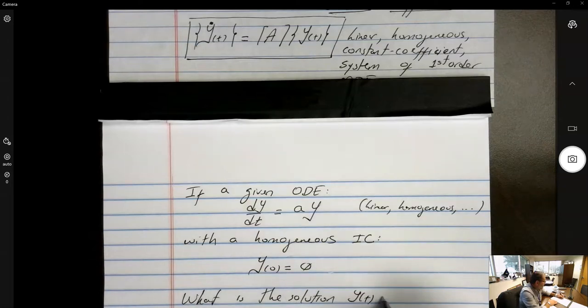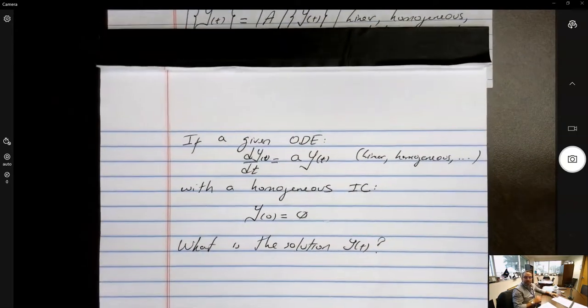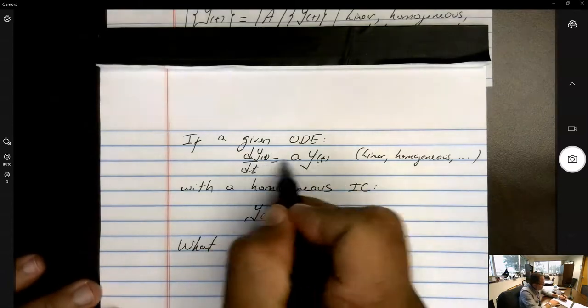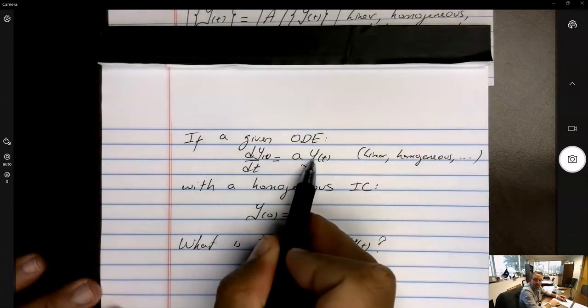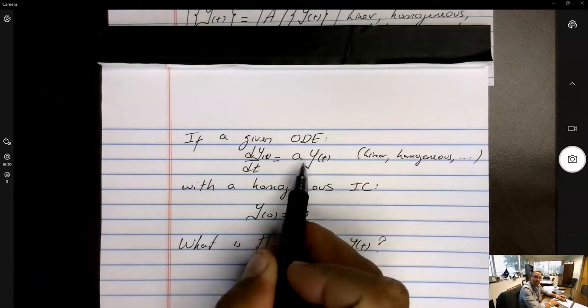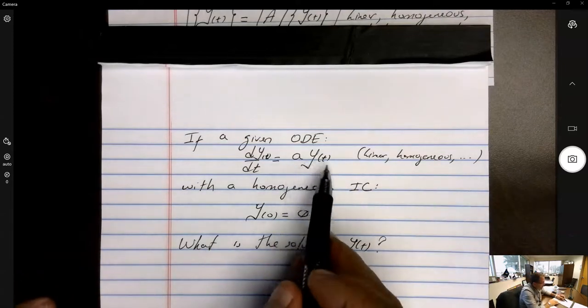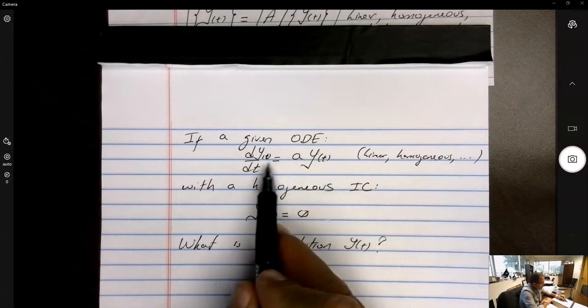y of t. By the way, this is y of t, it's implied. What is the solution to the system? Obviously, the solution would be 0. So we can try to get the solution. Well, obviously this equation is separable. Or you can just simply use the general solution for a linear first order ODE in terms of an integrating factor. But this one's very simple because I can send the dt to the right hand side and the y down here.